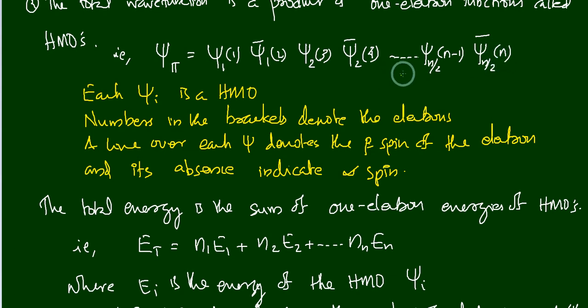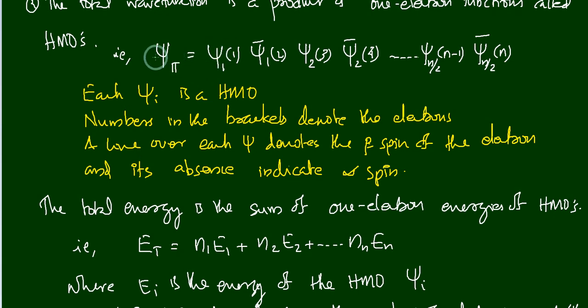So we are describing the wave function of an n-electron system, and the numbers inside the bracket represent the electron number. The bar over the psi denotes the beta spin of the electron, and if there is no bar, it means the electron has alpha spin. That is what all the terms here explain.